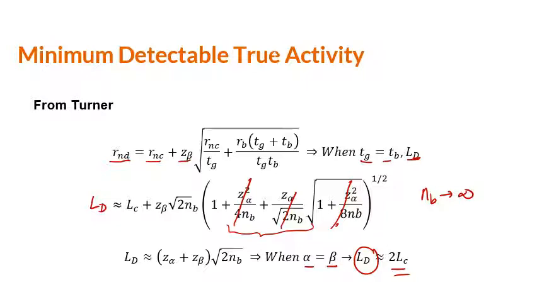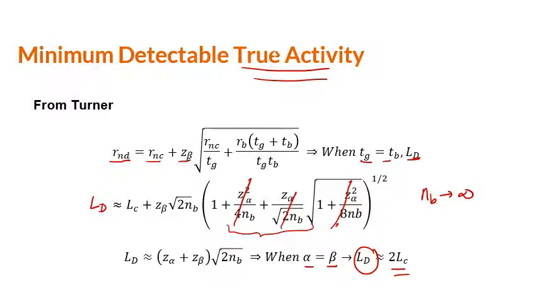So in essence, class, kapag gusto mo masabi na totoong merong radiation na nag-e-exist, I think para certain ka, it should be greater than LD. So pag tinignan niyo yung graph natin, 'di ba?